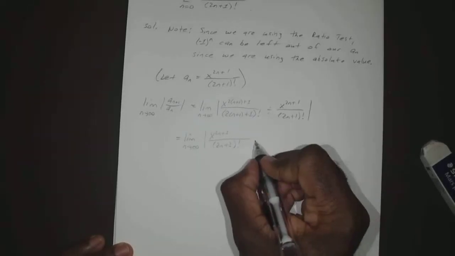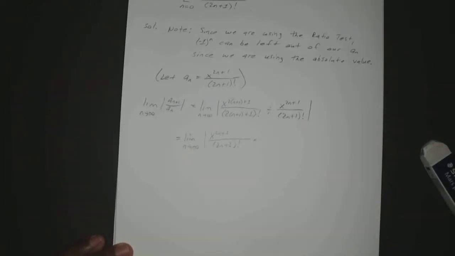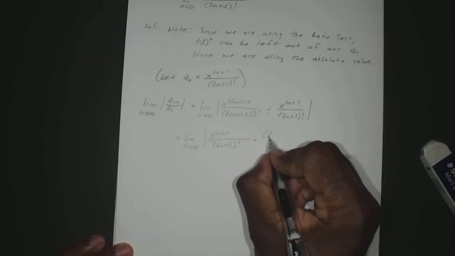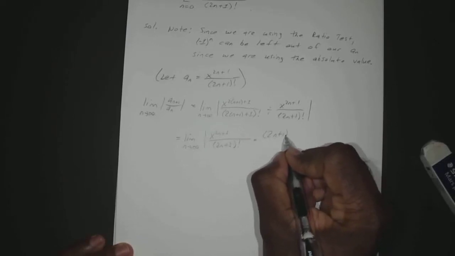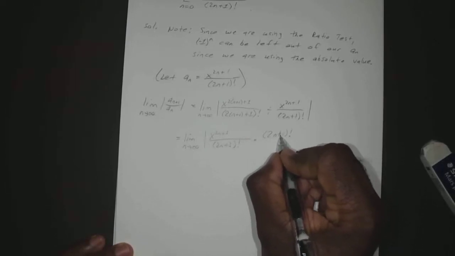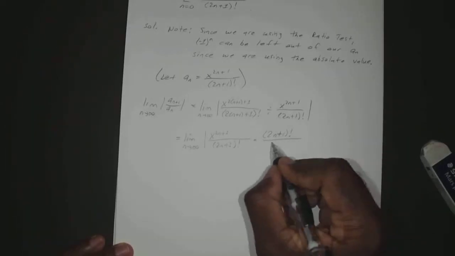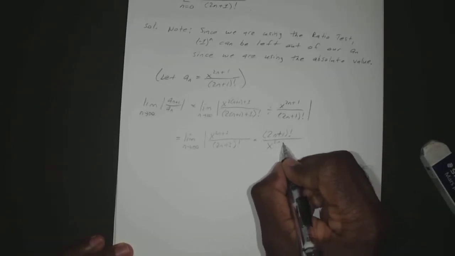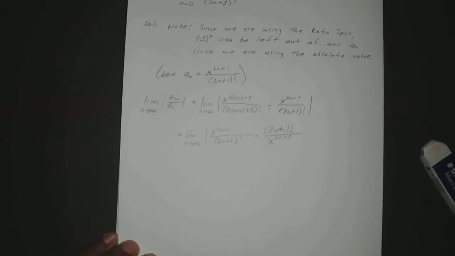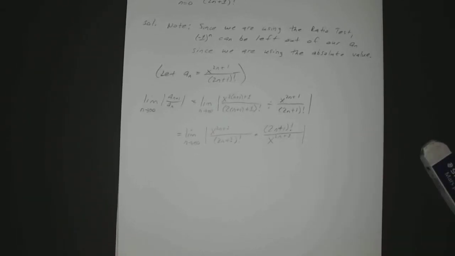And we can go ahead and change that to times, and we flip the second one: 2n plus 1 factorial over x to the 2n plus 1.